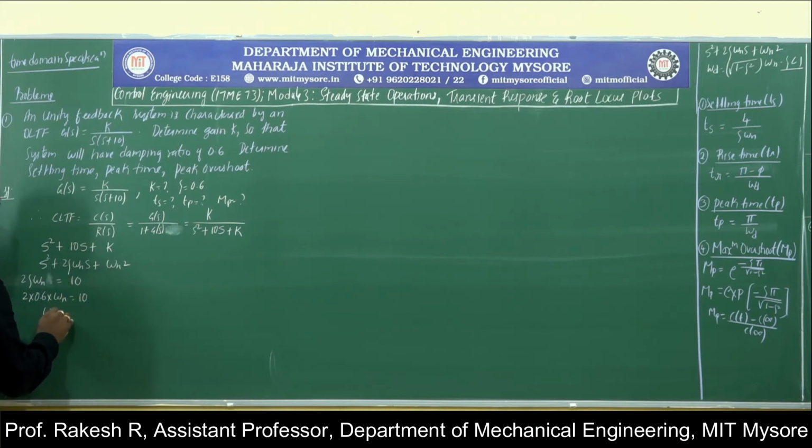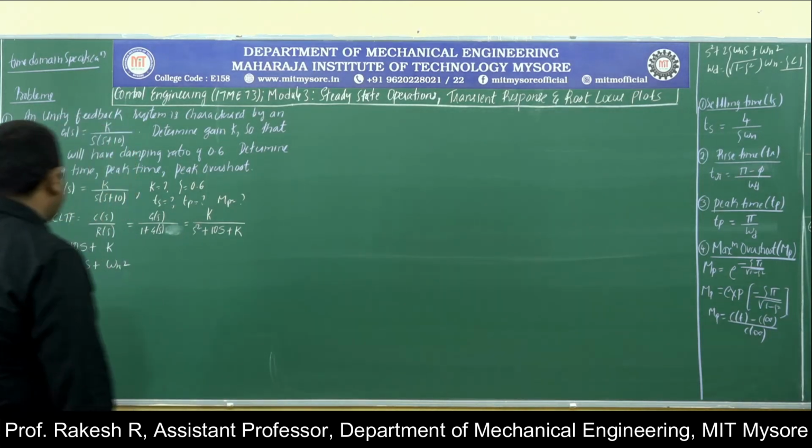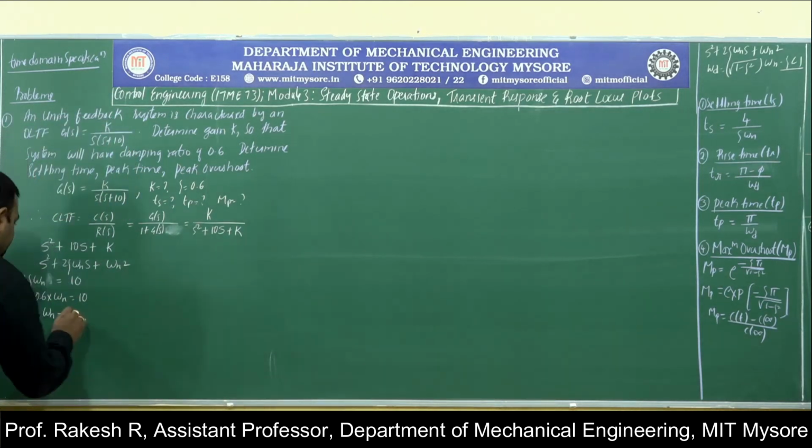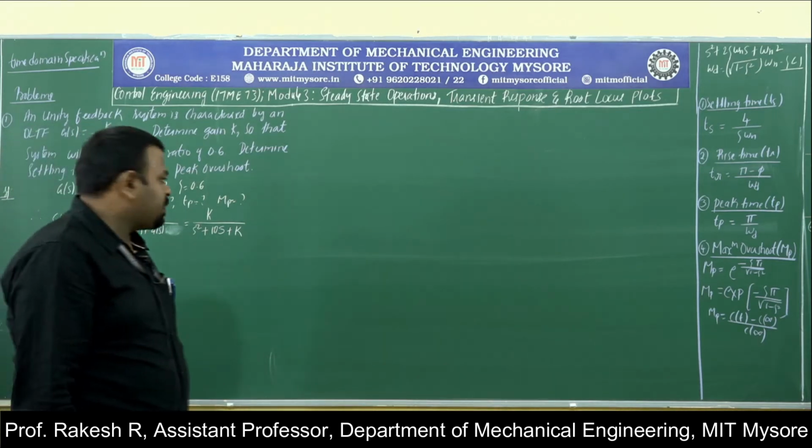What is the value of omega n? Omega n is the undamped natural frequency. The value of omega n is 8.33 radian per second. 10 divided by 2 is 5. Yes, it is 8.33 radian per second.